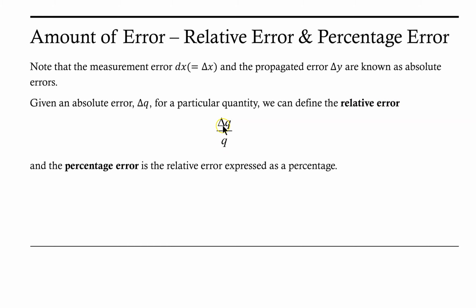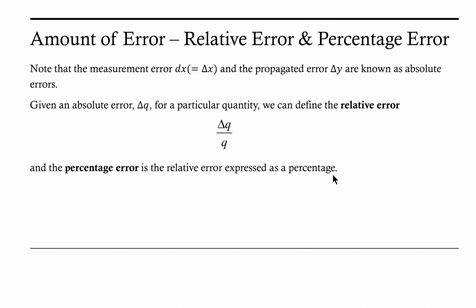We could consider the absolute error in radius and compare that to the true radius, and again have relative error. Now we can take this relative error and report it as a percentage error by simply expressing it as a percentage.